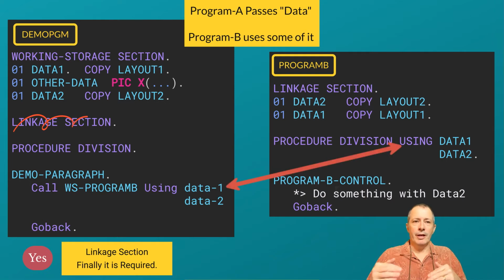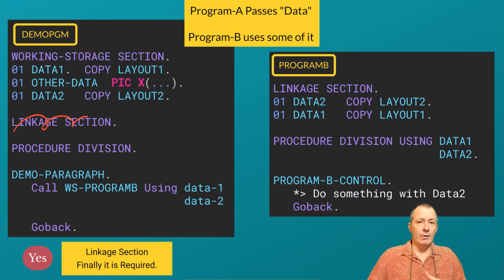Because the USING statement must sync up to the passed items, and since program B cares about data2, it has to map the fact that program A passed data1 and data2. Many programmers say the USING statement between the two programs must be 100% in sync.